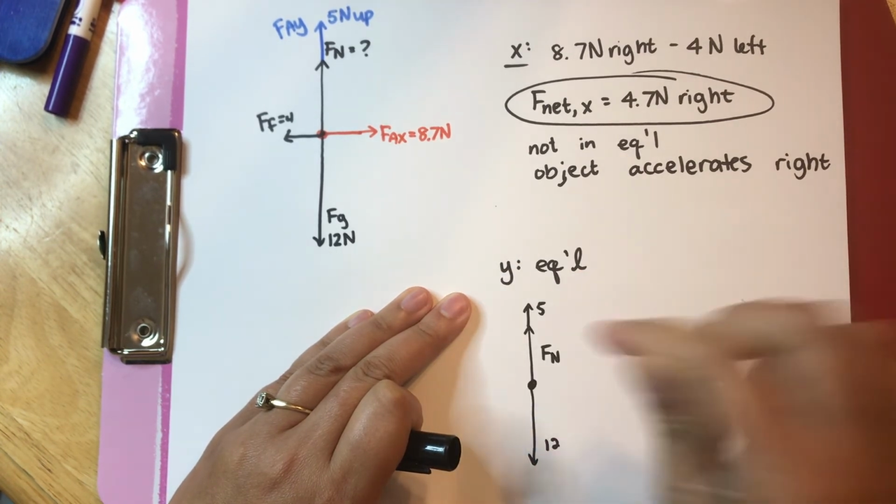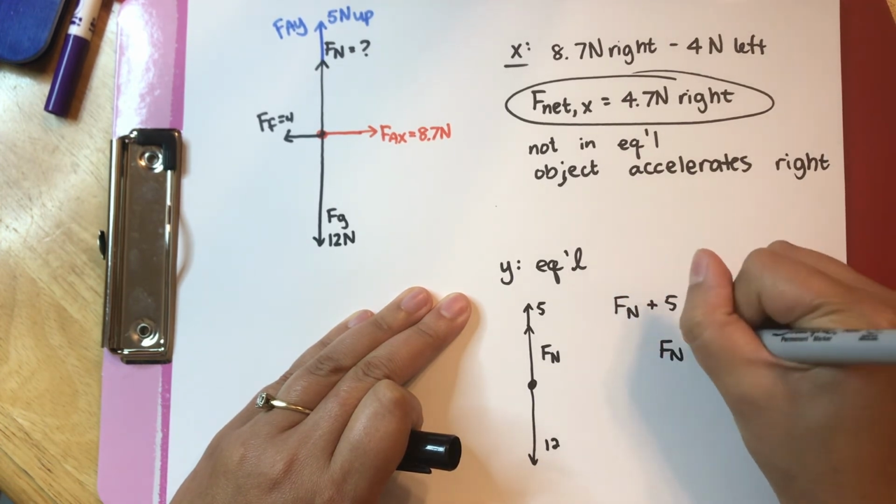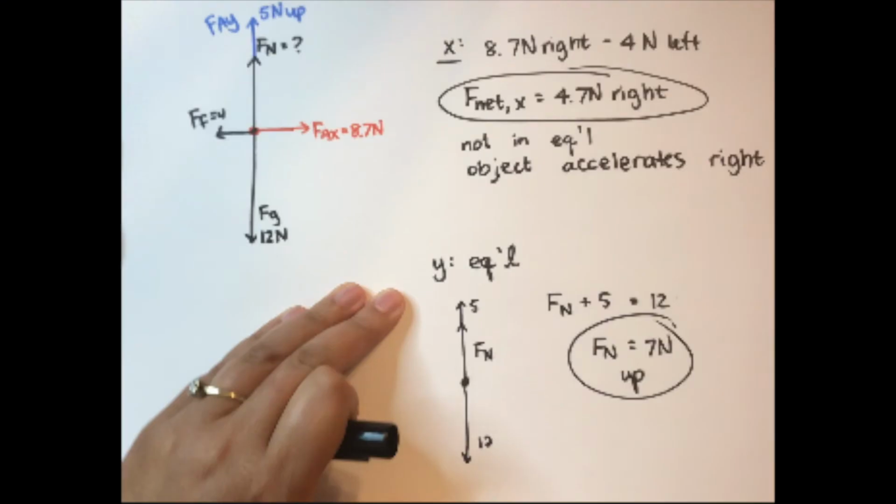The normal force plus the y component, the 5 newtons, should equal the 12 newtons of gravity pulling down. That means normal plus 5 equals 12 newtons. Subtracting the 5 to the other side means the normal force is 7 newtons up.